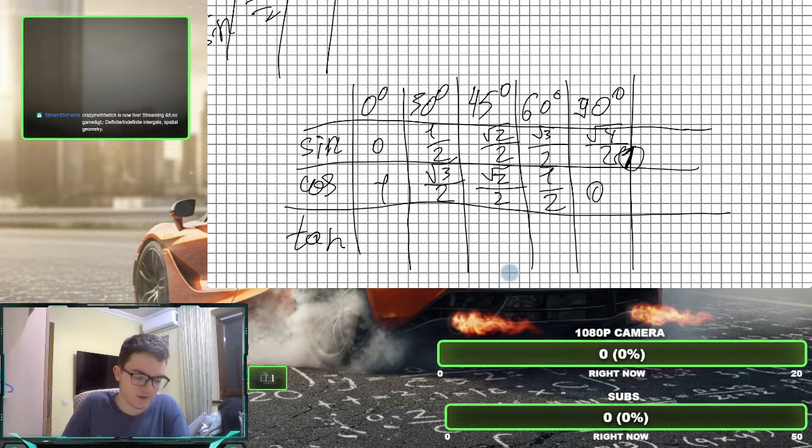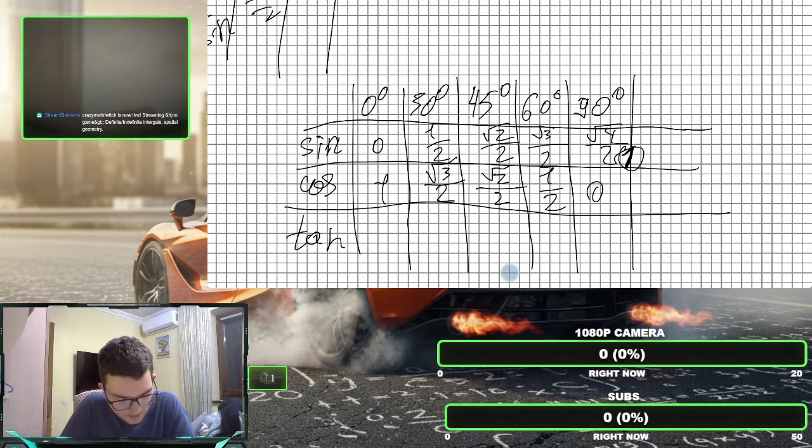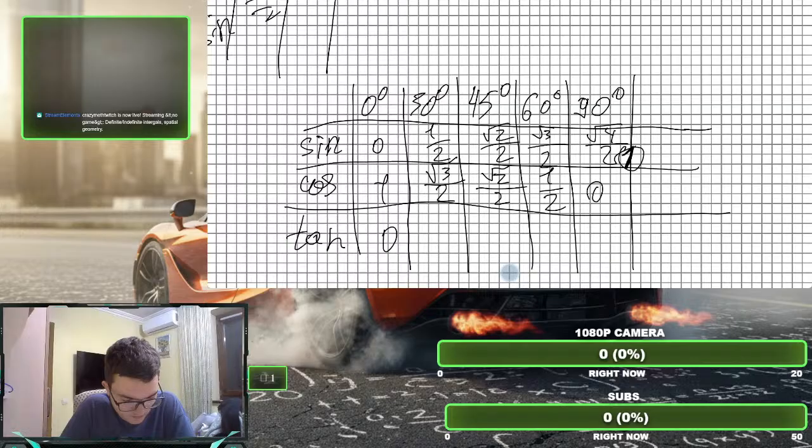And now for the tangent, it's sine divided by cosine. So 0 divided by 1 is 0. And now 1 divided by 2 divided by square root of 3 divided by 2. But the 2 will cancel out, and so it's 1 divided by square root of 3, right?